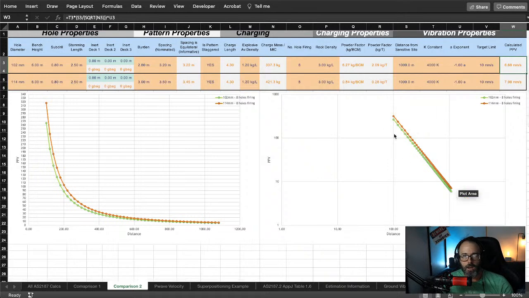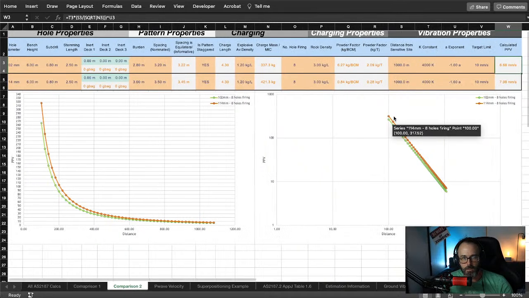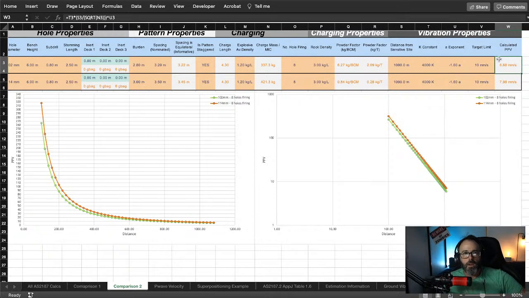So at a 100 meter distance, we would be looking at quite a significantly larger amount of vibration, right, than this one, because this is a log graph, so it could be quite a lot more.